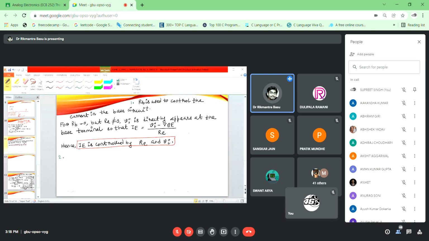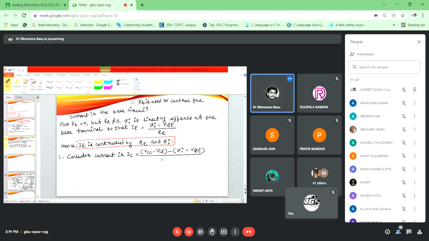The second one, the collector current, is IC equals VCC minus VCE minus VI minus VBE by RC.